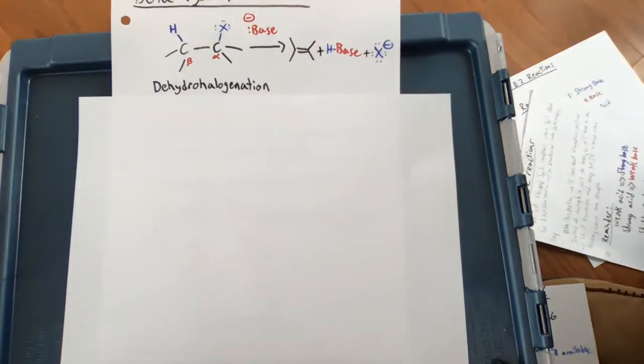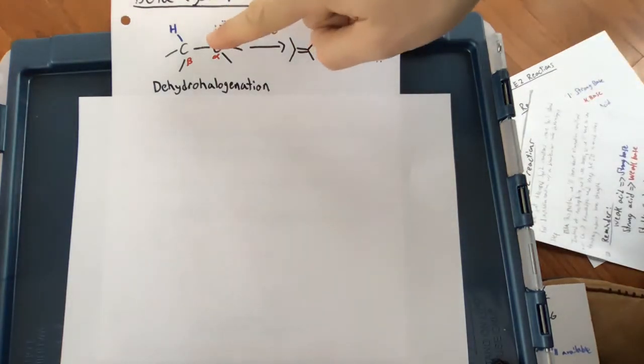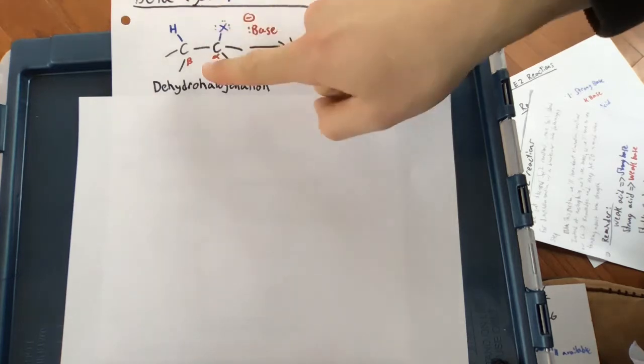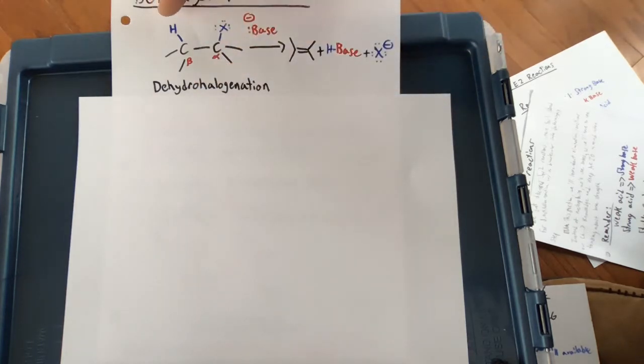In this reaction, you can see that we have an alkyl halide where the beta carbon has an available hydrogen, and that hydrogen can be deprotonated by a base that is also present in solution. And upon deprotonation, you end up getting the alkene product plus the protonated base and the eliminated halide anion.